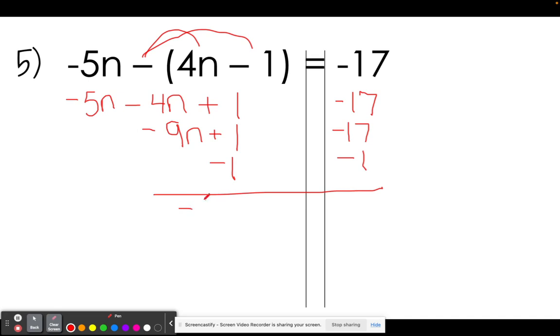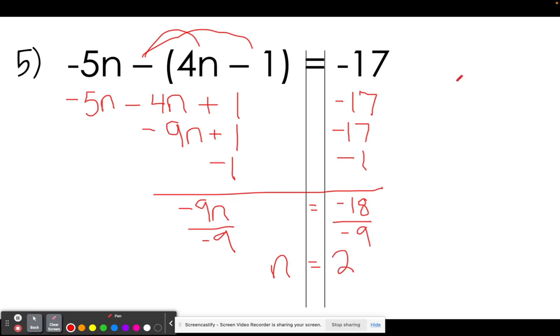Negative 9n equals negative 18. Divide by negative 9. And n will be 2. Positive 2, because a negative divided by a negative will give you a positive.